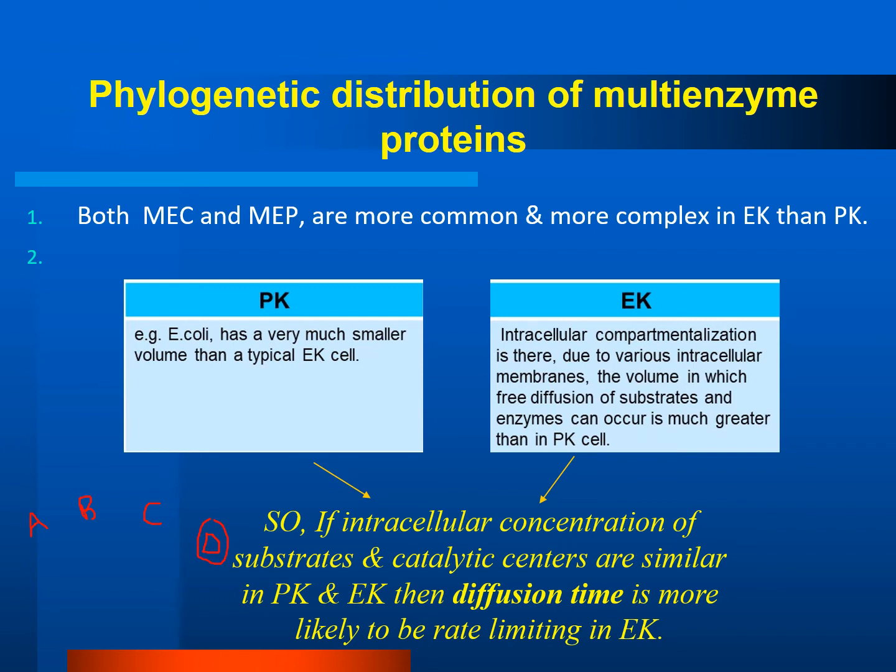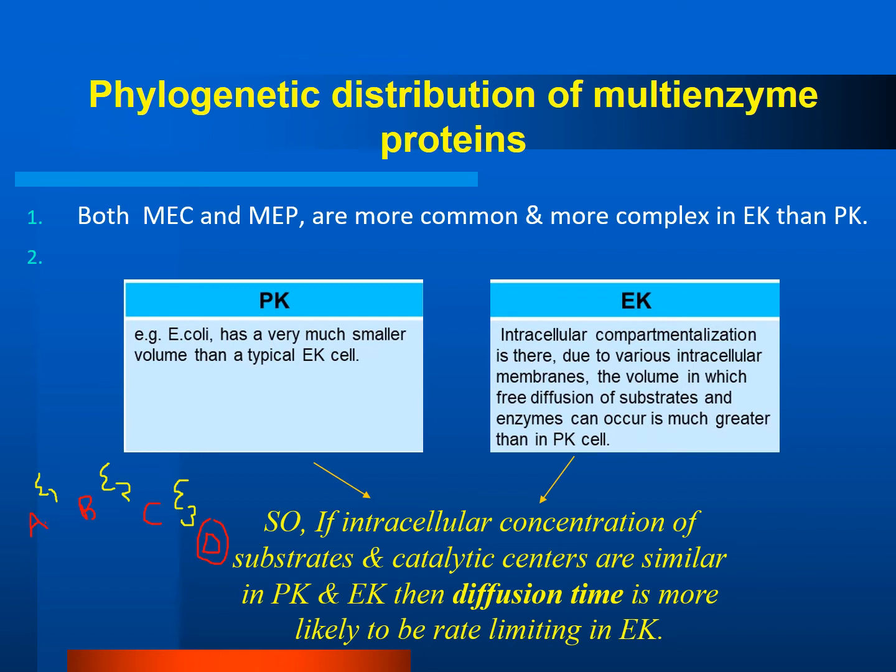Now for conversion of A into D, you have two intermediary substrates, B and C, and let's suppose E1 is the enzyme or the catalytic center for A to B, E2 is the enzyme for B to C, and E3 is the enzyme for conversion of C to D.